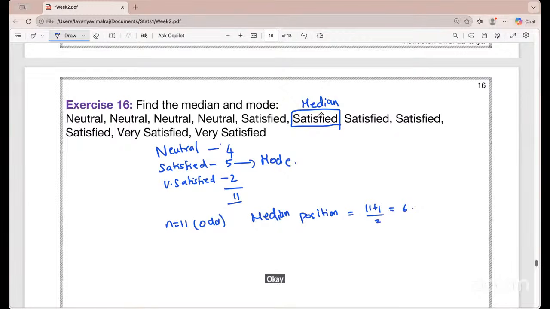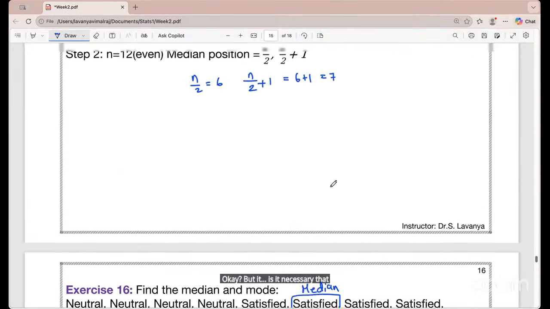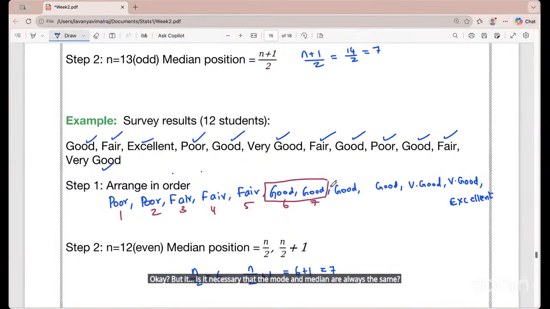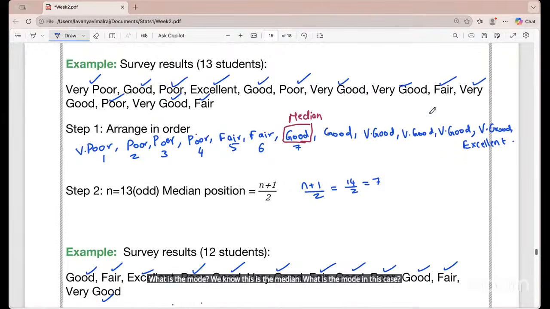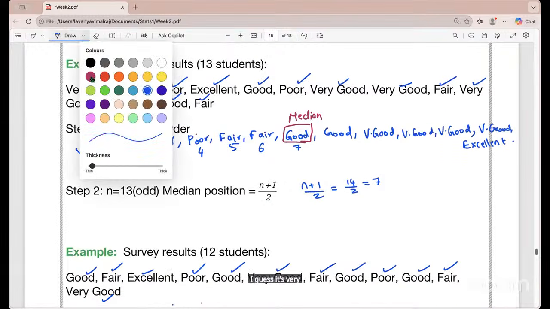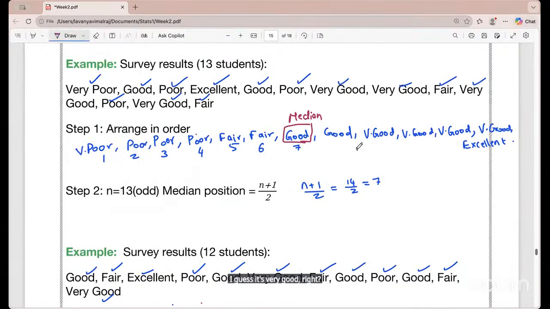But is it necessary that the mode and median are always the same? No, ma'am. So for example, here in this case, we know this is the median. What is the mode? I think very good.